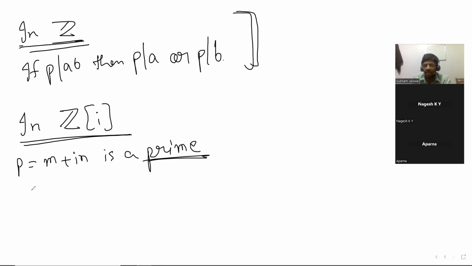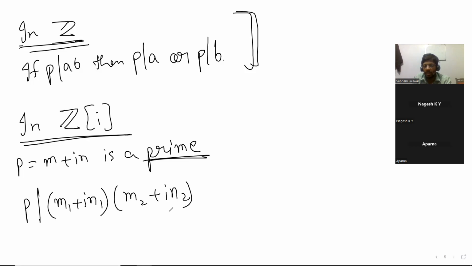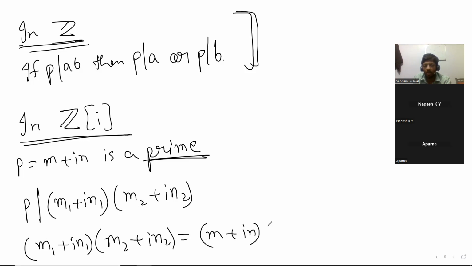Now we want to say that if P divides this, you can ask me what dividing means, and I will define it. Probably there are too many new definitions today. P divides this just means that this is a product: P is a product of this times something, x plus iy.